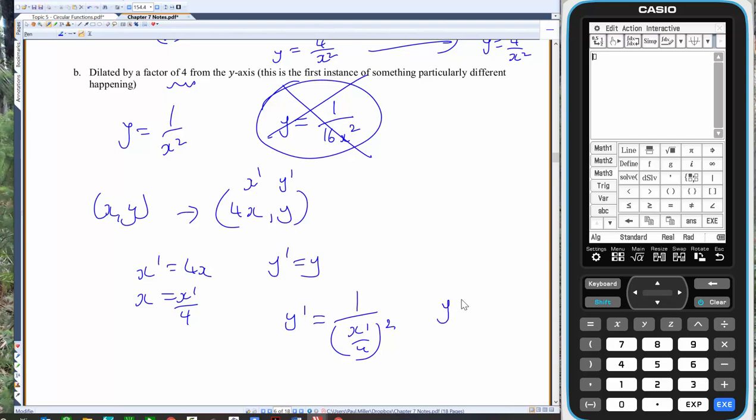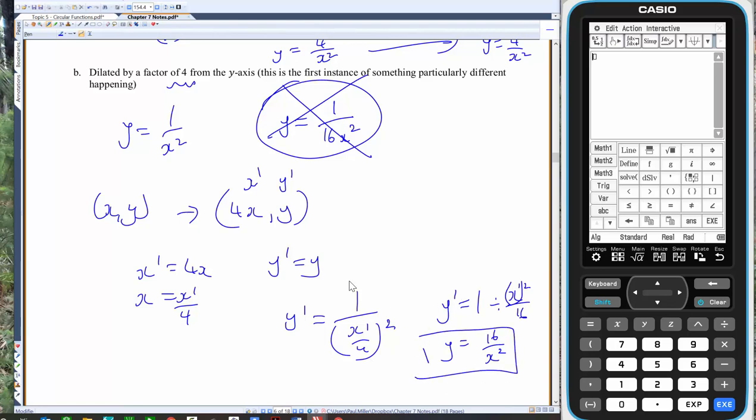That is equal to y dash equals 1 divided by x dash all squared over 16. Now what's going to happen is multiply by the reciprocal and all. 16 over x squared equals y.